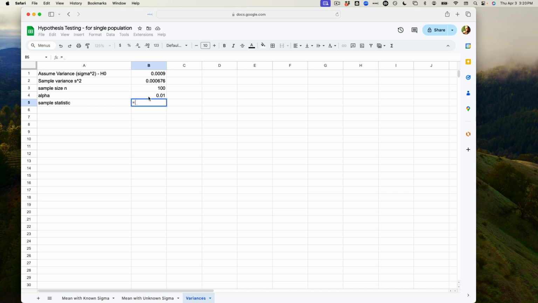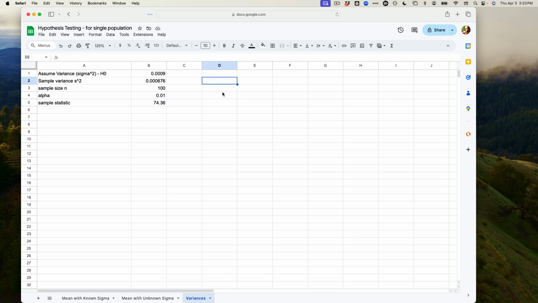I wish you could define variables in Google Sheets like in Python, where you just type in n minus 1, instead of having to click those cells. Agreed? Yes, so that gives me 74.36, right? So that's my sample statistic.